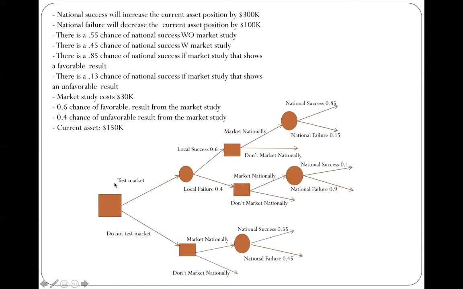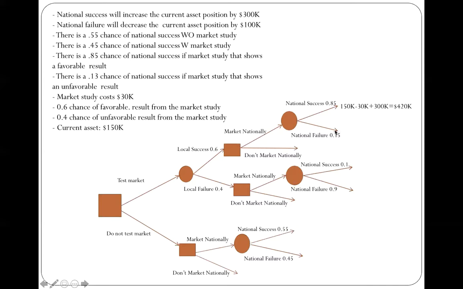If they decide to test the market locally, they have to pay the cost of 30K. And then if they see a national success, their asset value is going to increase by 300K. So the asset value under this scenario is the initial 150K minus 30K for the cost of local tests, plus 300K, which is the value added after observing national success. That leads to 420K of their asset value.